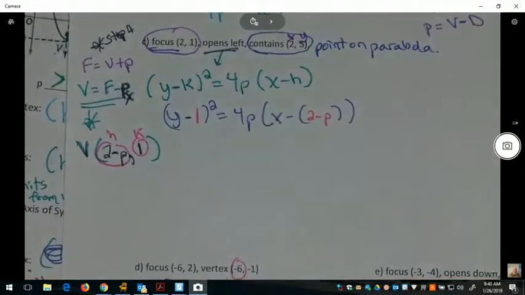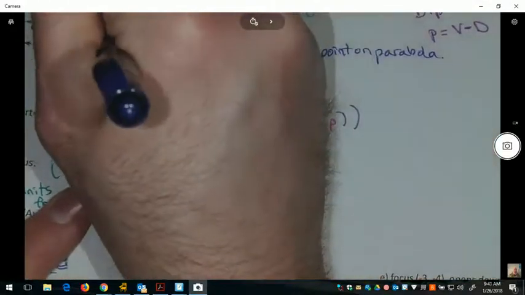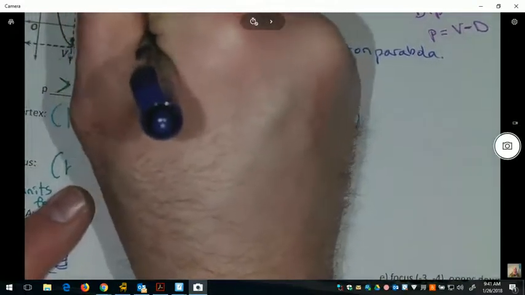That's all I did was plug in. Well, first off, I came up with an expression for the vertex in terms of p. So step 1 is express vertex in terms of p.